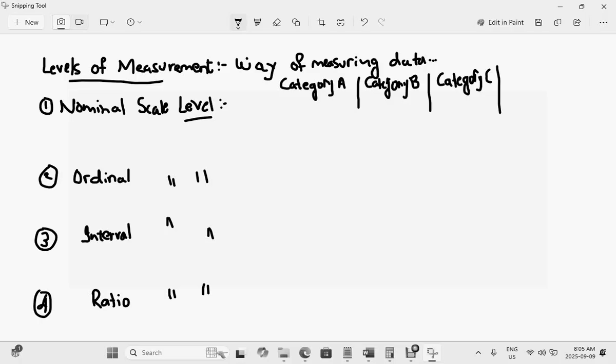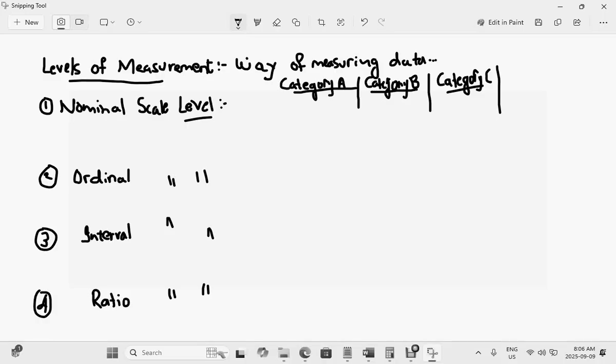Say, for example, if you were to describe a person for a police report, category A would be the height of the person, category B the color of his skin, maybe, category C would be the clothes that he was wearing, for example.